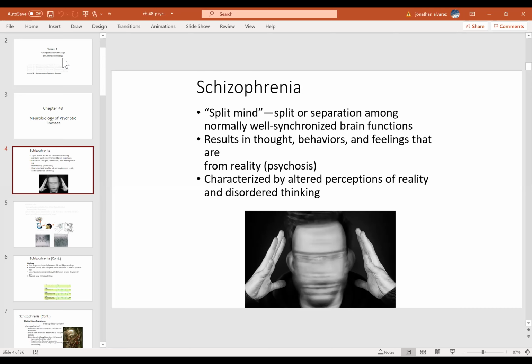And it usually impairs their social function and their work function. So they just have a hard time kind of fitting into society, so to speak, or at work. And the word itself is broken down into a split mind. So the word schizophrenia is translated into split mind.